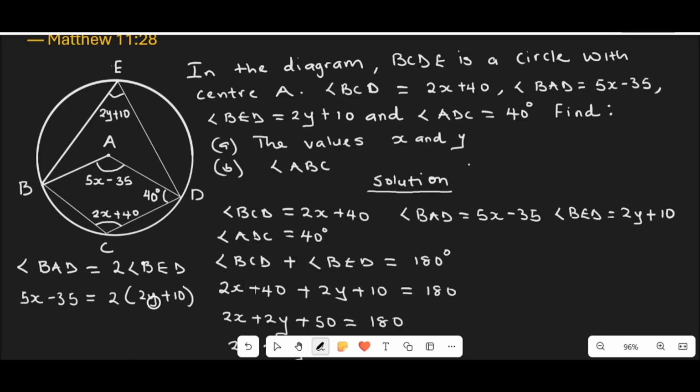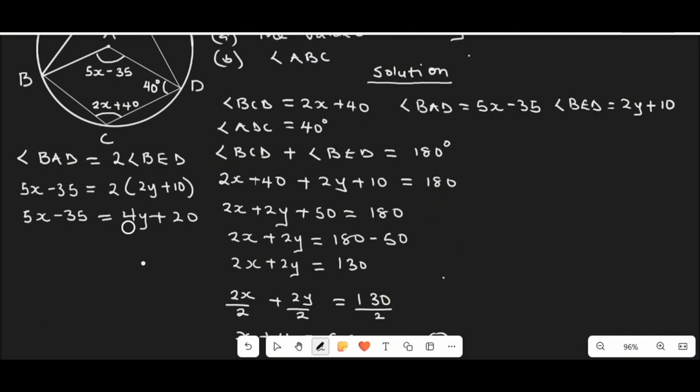So let us clear the bracket. 5x minus 35 equals 2 multiplied by 2y, we are going to have 4y plus 2 multiplied by 10, 20. Let us rearrange the equation and transpose 4y to the left hand side and the positive sign will change to negative, and also transpose minus 35 to the right hand side and the negative sign will change to positive.